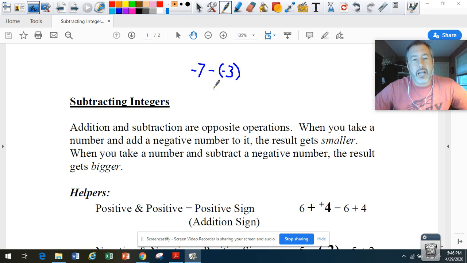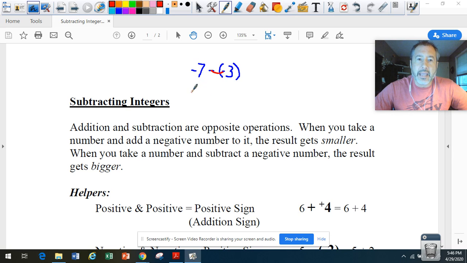Because what you're going to hear me say several times as we practice: when two negatives are together and they're just separated by this parenthesis here, we connect these negatives together, and it makes a plus.